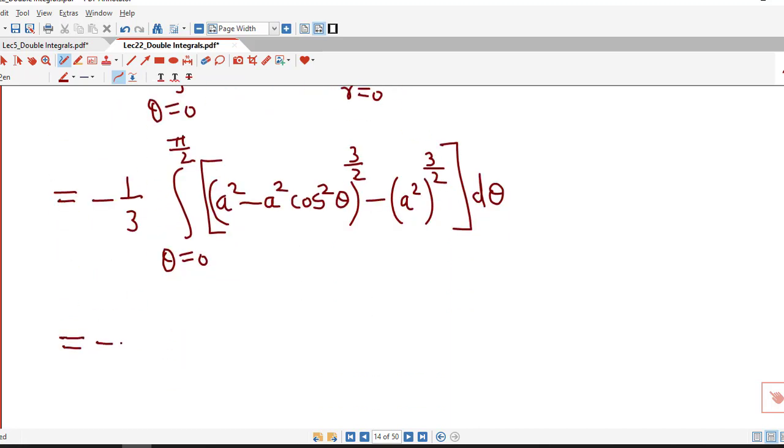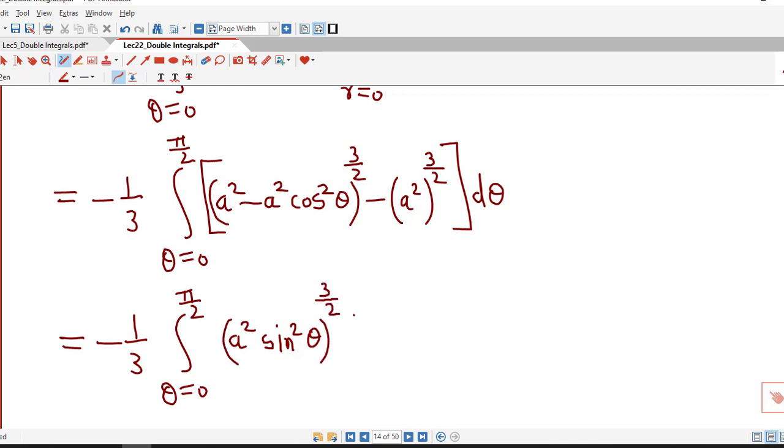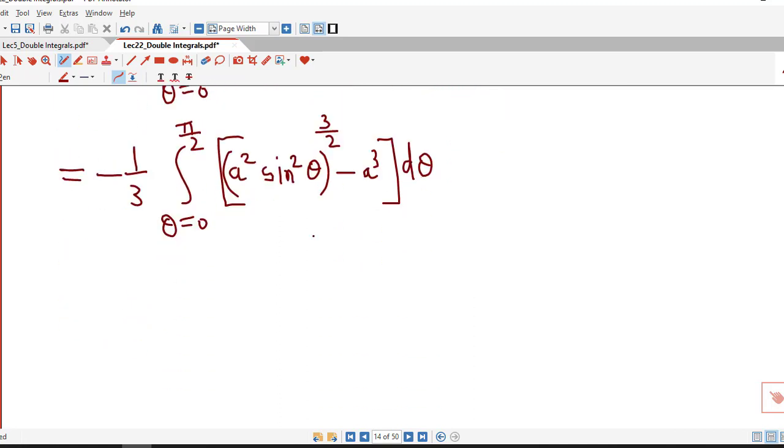So now we simplify this bracket inside the integral. Theta is from 0 to pi by 2. This we can rewrite as a square times 1 minus cos square theta, and 1 minus cos square theta is nothing but sin square theta, raised to 3 by 2. So we take a square common, and 1 minus cos square is written as sin square theta.